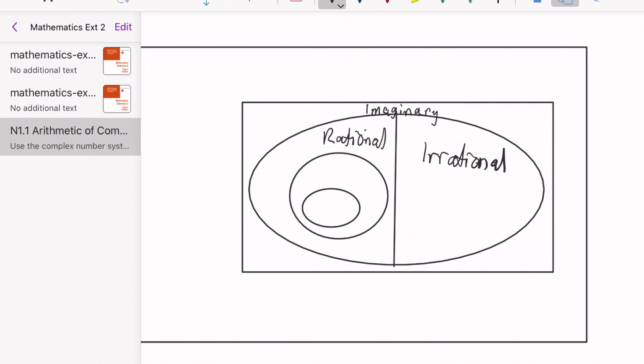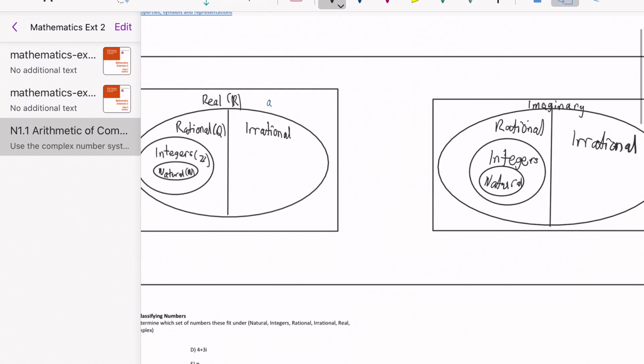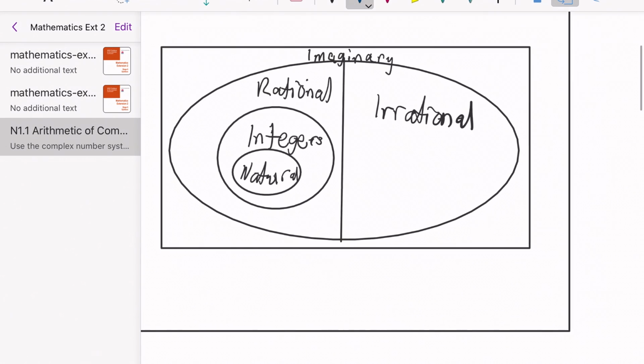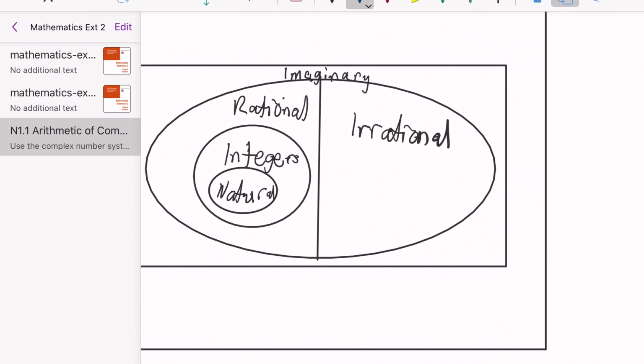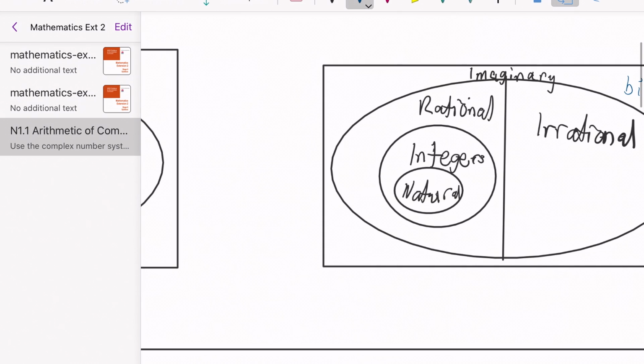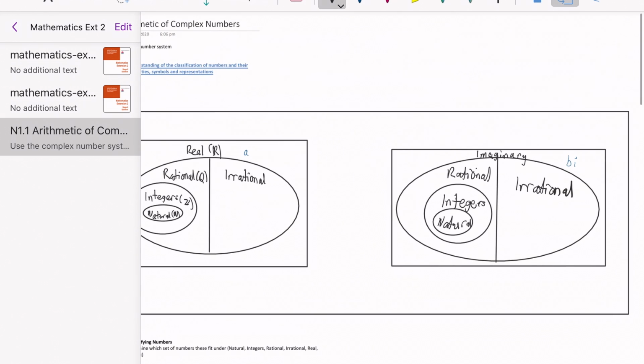And the rational is broken up into the integers and the natural numbers. This is just the same as the real numbers. The imaginary numbers are indicated as bi. b is any real number, and i is the imaginary unit, which we will get into soon. Together, the real and imaginary numbers come to form the set of complex numbers.